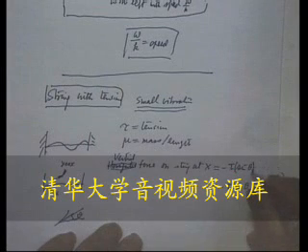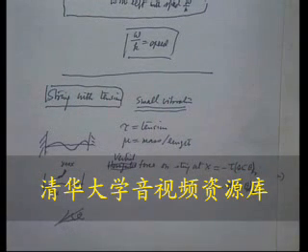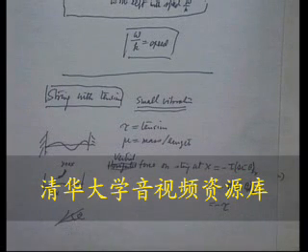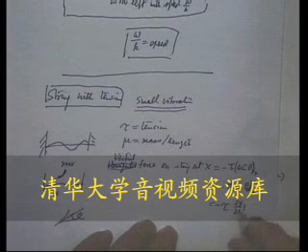So sin theta at the point x is tangent theta at the point x, which is equal to minus tau times... what is the tangent theta? Tangent theta is the derivative dy dx at the point x.